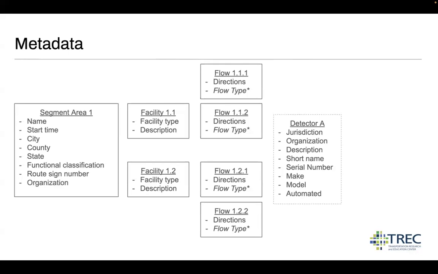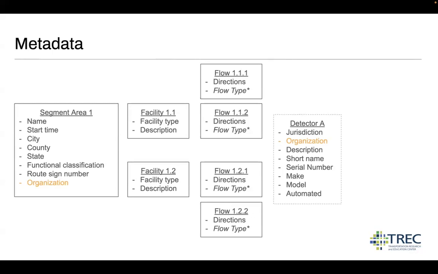So in the next example, you can see how the organization is listed as one of the required attributes. And the organization listed under the detector is the same as the organization listed in the segment area.